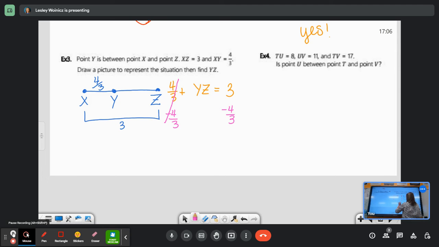These cancel, and okay. So, guys, if we subtract 1 1/3 from 3, we're going to be left with 1 2/3, which is 5/3. Okay, so YZ has to equal 5/3.